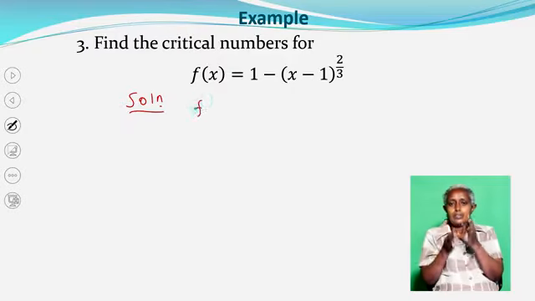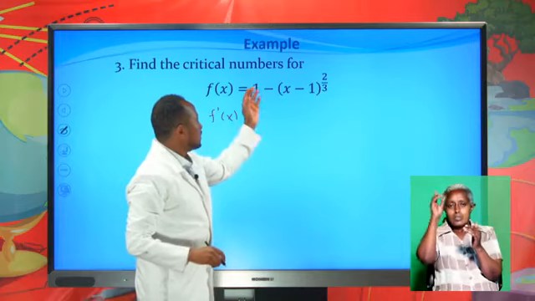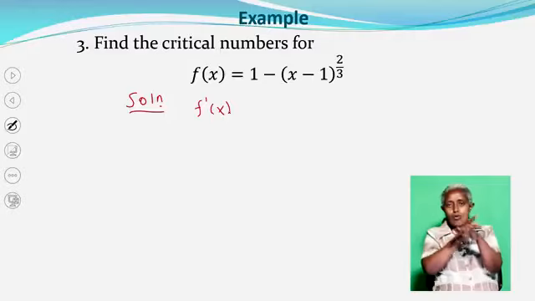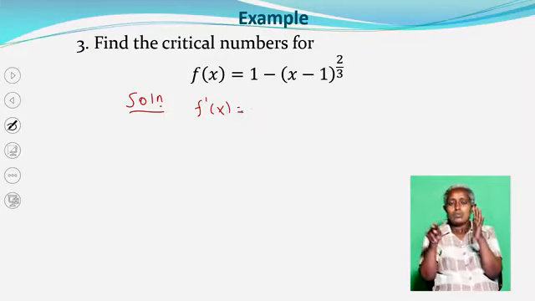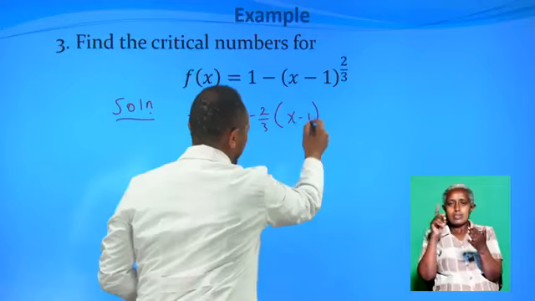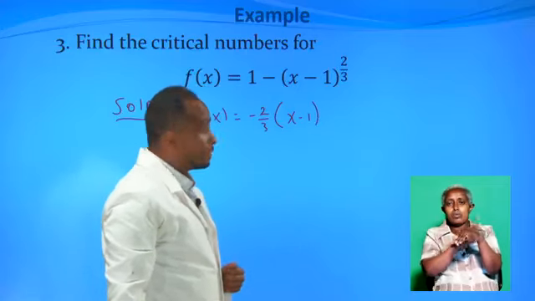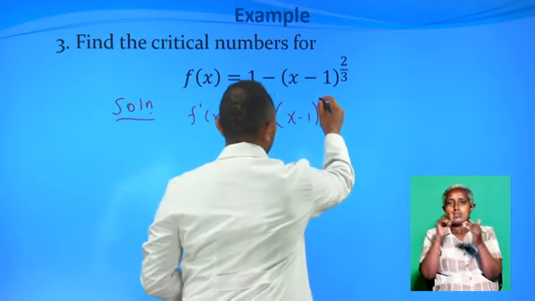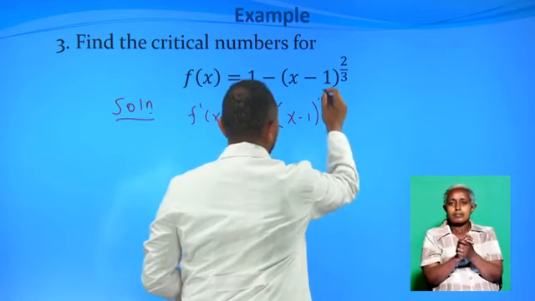The derivative of f of x is equal to the derivative of 1, which is 0, plus the derivative of this expression. Since it is a power function, this is equal to negative 2 over 3 times x minus 1 to the power of 2 over 3 minus 1, which is negative 1 over 3.